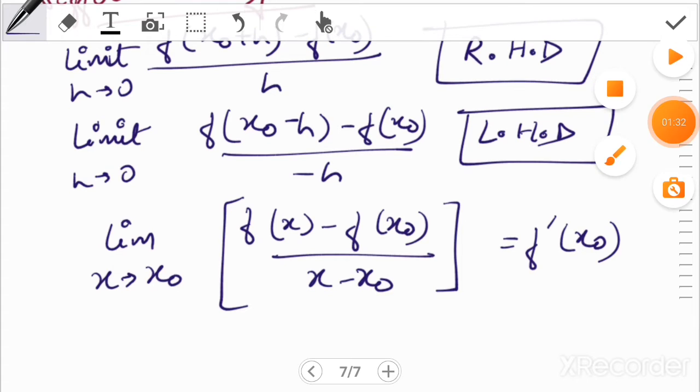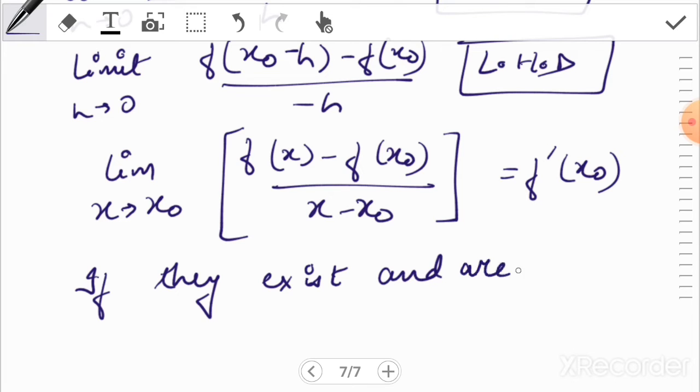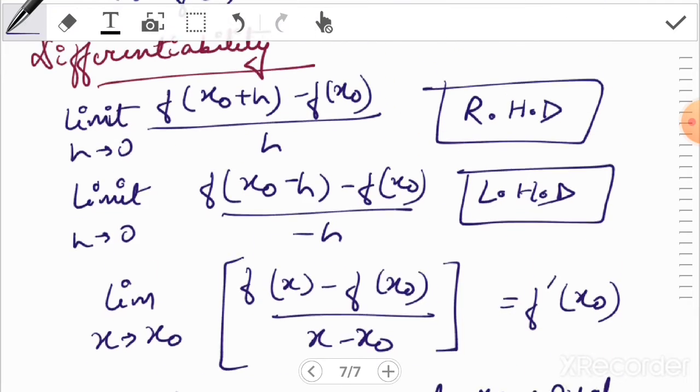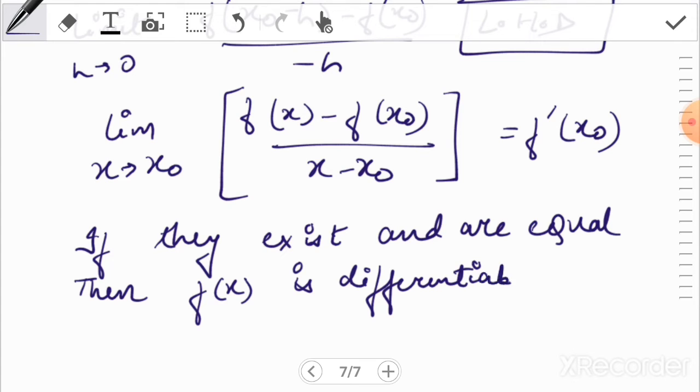So if they exist finitely and are equal, then we can say f(x) is differentiable at x is equal to x naught.